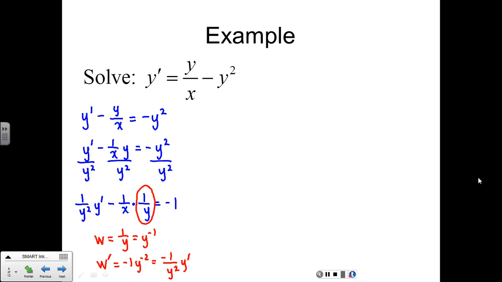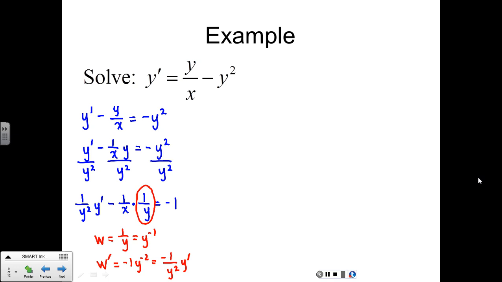What's the only difference? This one's negative, this one's not. We can say this is negative w prime when I make that substitution. The only difference between this and this is that minus sign. It should always happen that they're almost identical.